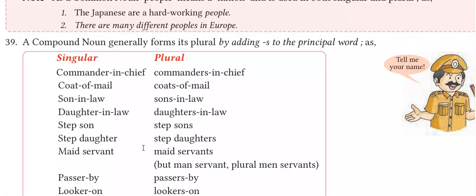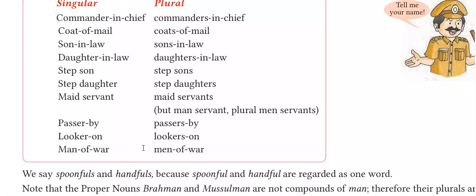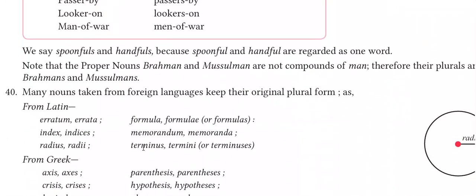A compound noun generally forms its plural by adding s to the principal word. For example, commander-in-chief becomes commanders-in-chief, coat of mail becomes coats of mail, son-in-law becomes sons-in-law, daughter-in-law becomes daughters-in-law. So these are the common examples.